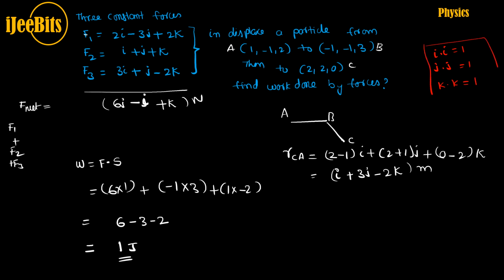That's why our multiplication always goes i into i component, j into j component, and k into k component. That's what we are saying. Clear? So the work done by the force equals 1 joule. This will be our answer. Yeah, this is a very good example.